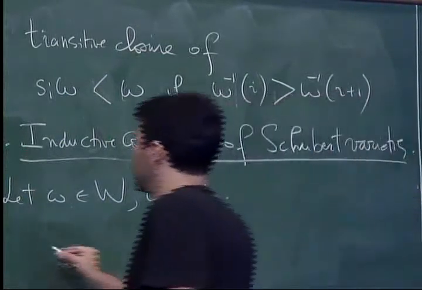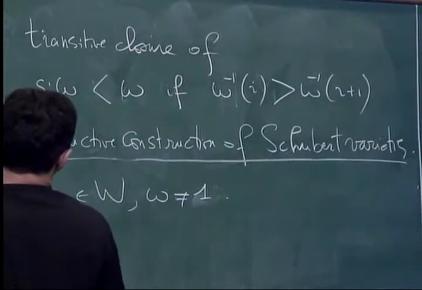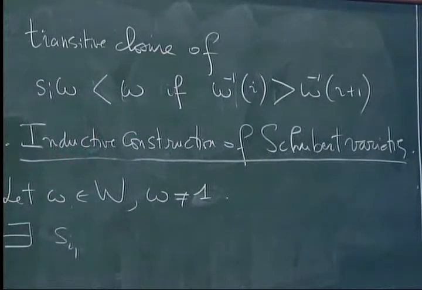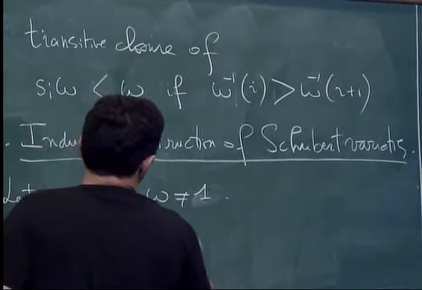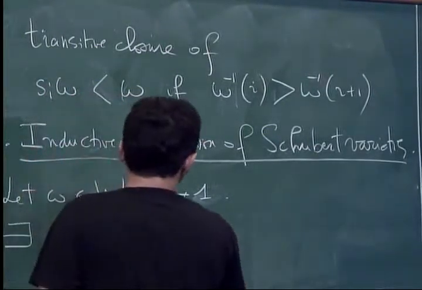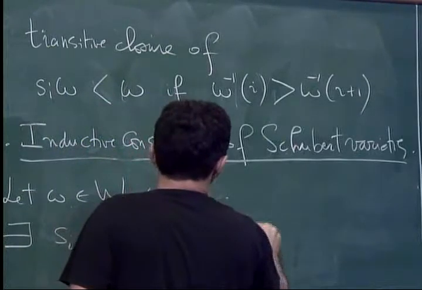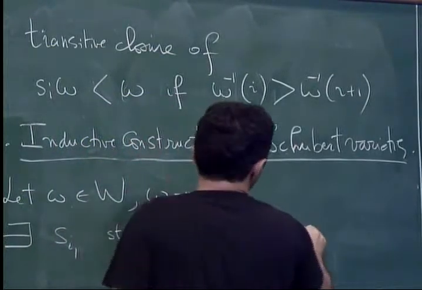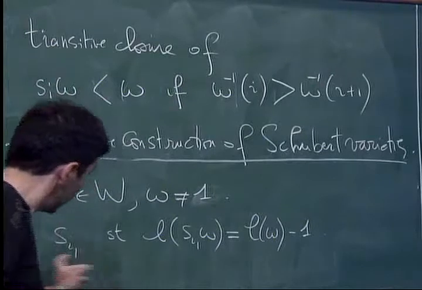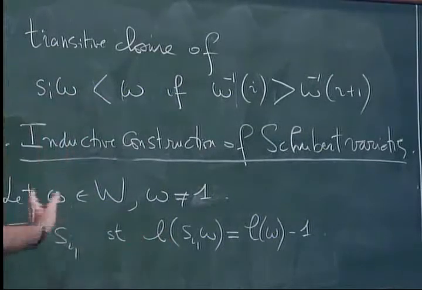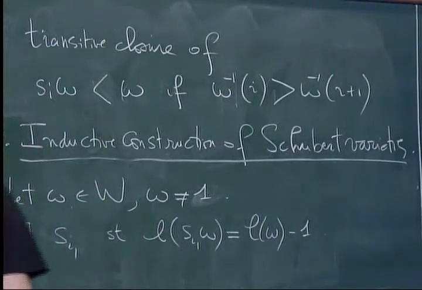I claim that there exists an elementary transposition s_{i1} such that the length of s_{i1} w is, in fact, the length of w minus 1. You have to think about it, but if w is different from the identity, somewhere there is an inversion. I'm just killing one of these inversions. You can do that, and you repeat.